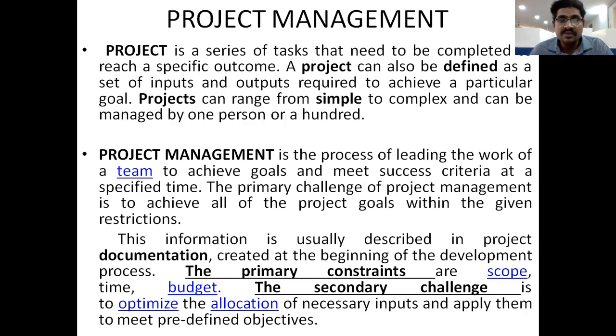So project management is the process of leading the team, preparation of plans, input and output planning, documentation preparation, scope, time, budget preparations and allocation of necessary inputs. These are all considered in project management. These activities are performed by the project manager to reach the goal. That goal is the accomplishment of a project within a specified time and a specified amount. That is the major goal of project management.